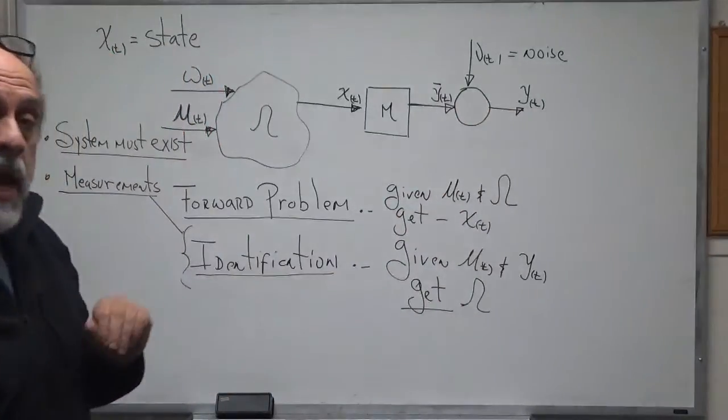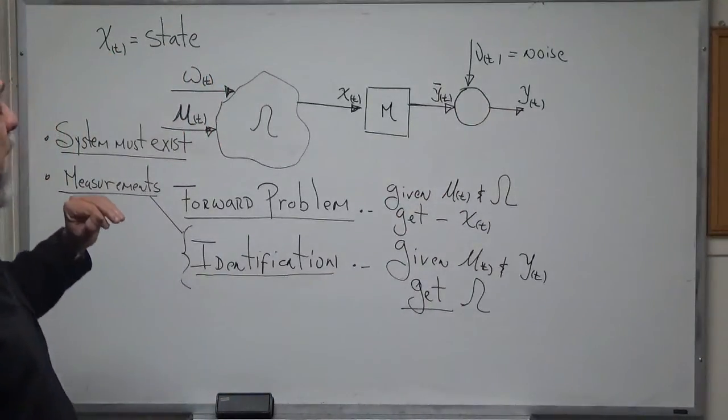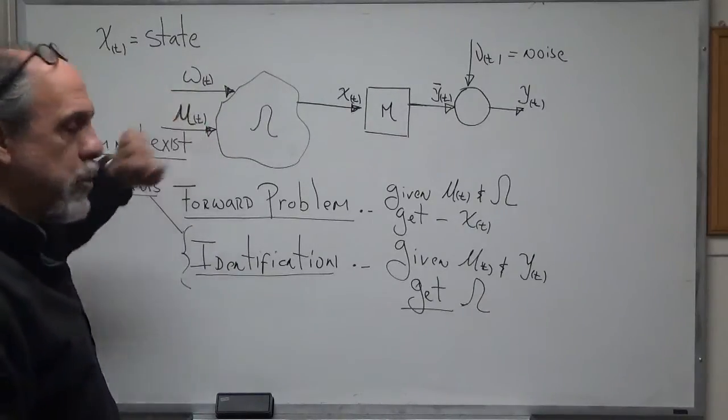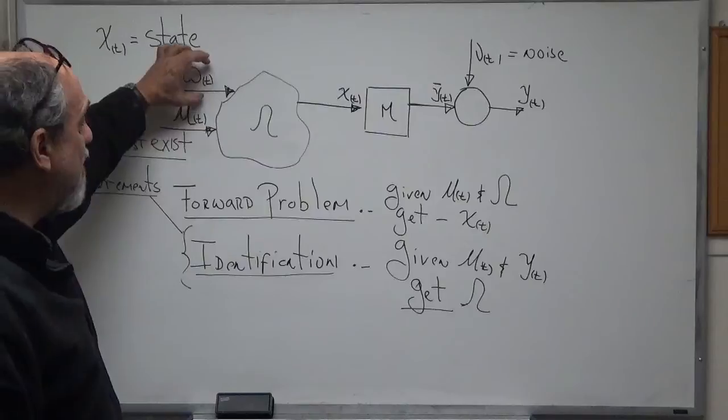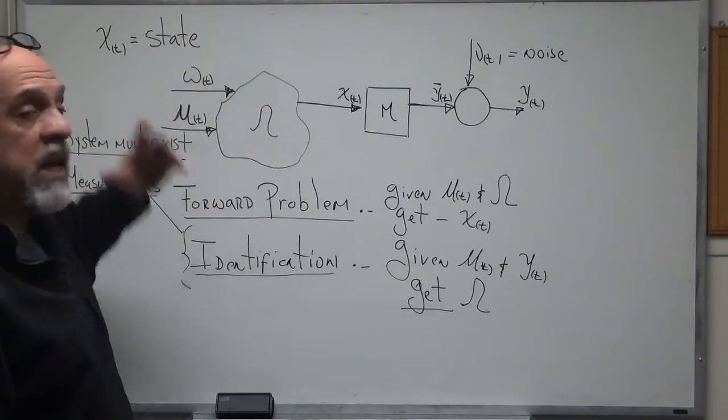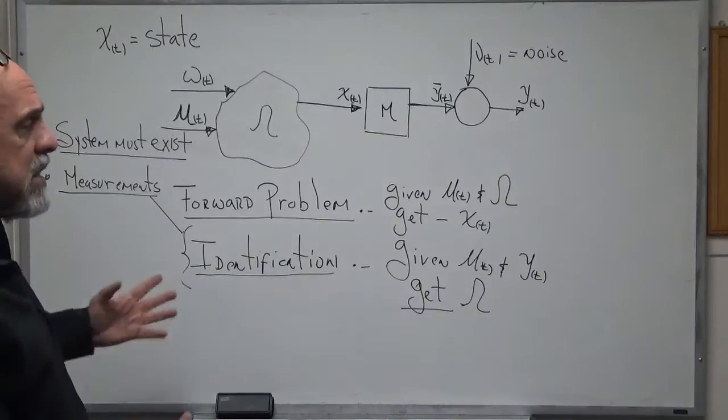Now, sometimes we actually don't know U at all, or there may be no U, and the structure is only being excited by loads that we cannot measure. That's possible, and we can still do something.